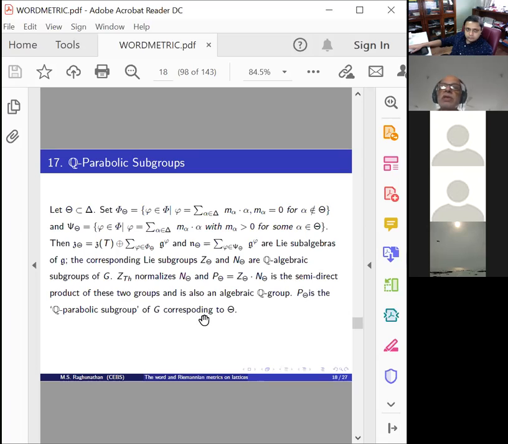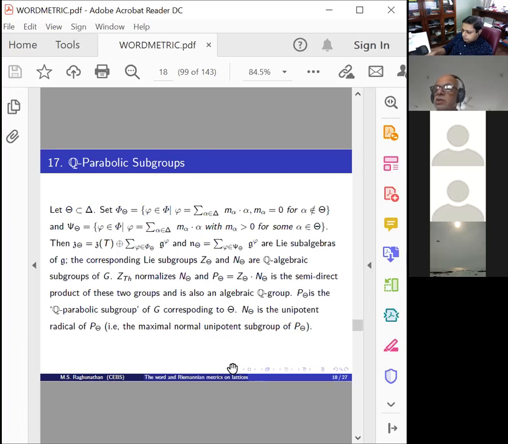P_theta is the Q-parabolic subgroup of G corresponding to theta. And N_theta is the unipotent radical of P_theta, the maximal normal unipotent subgroup of P_theta. In an algebraic group, there's the maximal normal unipotent subgroup, and that's called the unipotent radical. So for P_theta, the unipotent radical is N_theta.